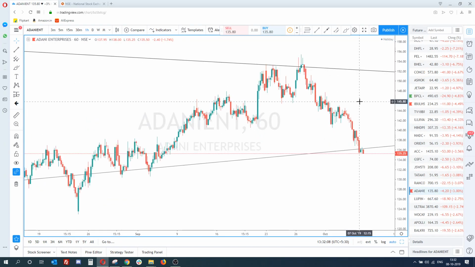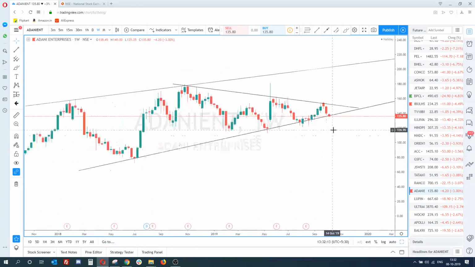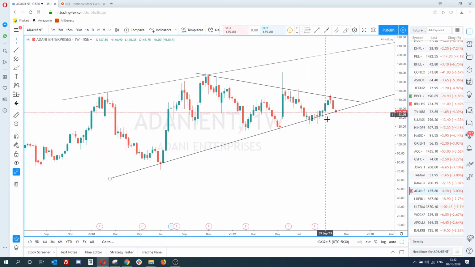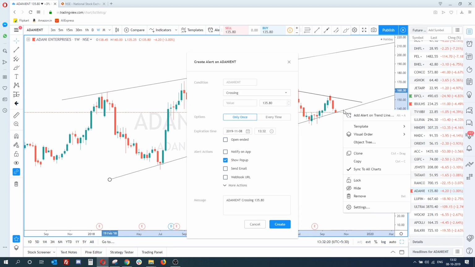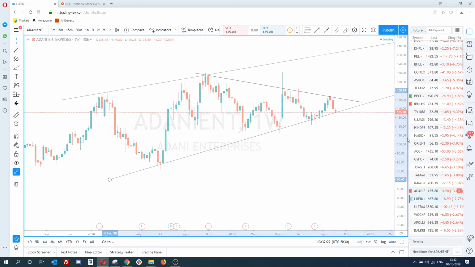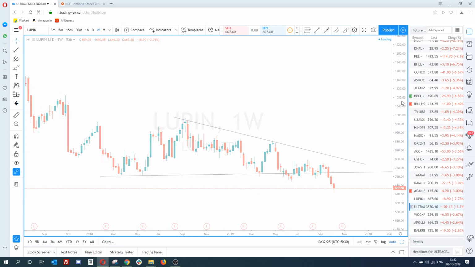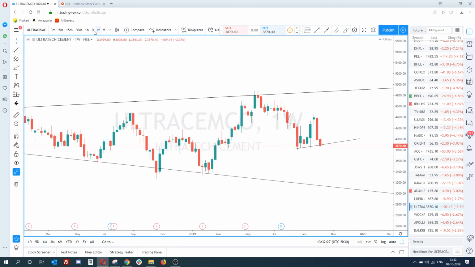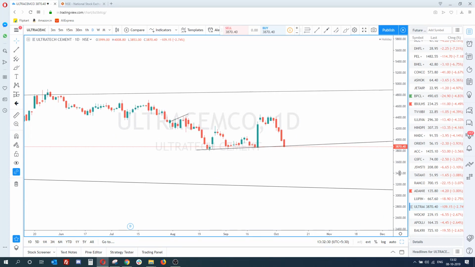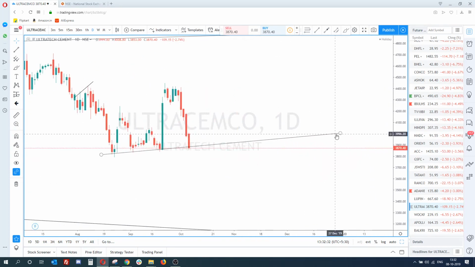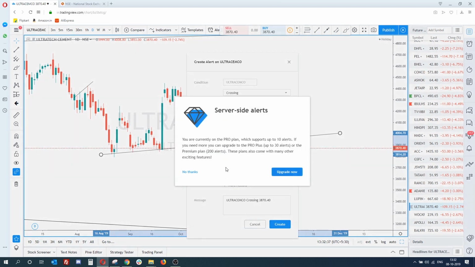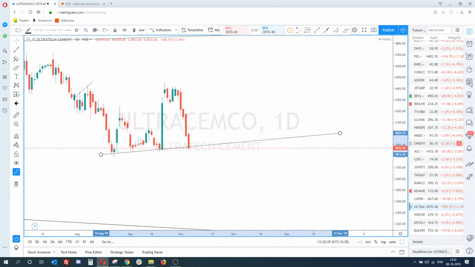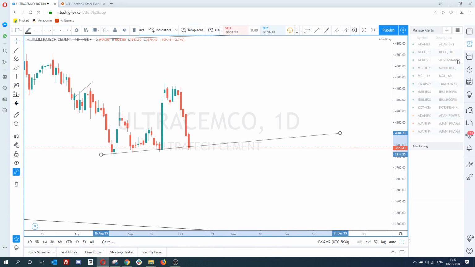Adani might fall from here. So I will put an alert, and when it touches, I will be alerted. In Lupin also, this could be a good trade tomorrow. I will just put an alert, and if it falls from here, I will, okay, I've taken too many alerts, probably I will delete some.